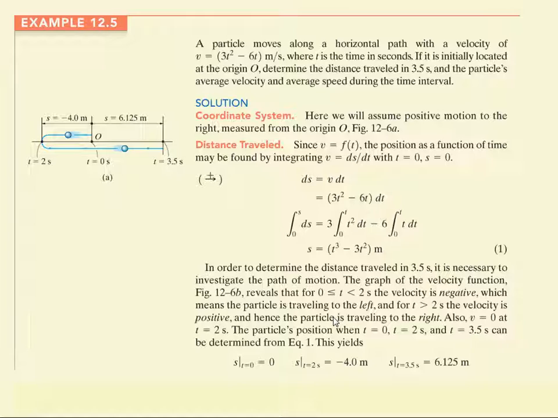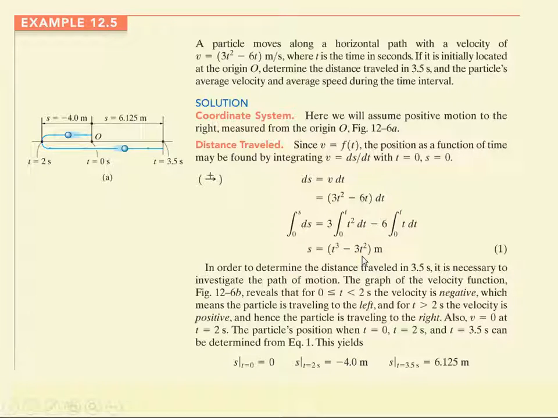So the particle's position at t equals 0, at 2 seconds, and at 3.5 can be determined from equation 1. So we start over here, and when t is 2, 2 times 2 times 2 is 8, right?